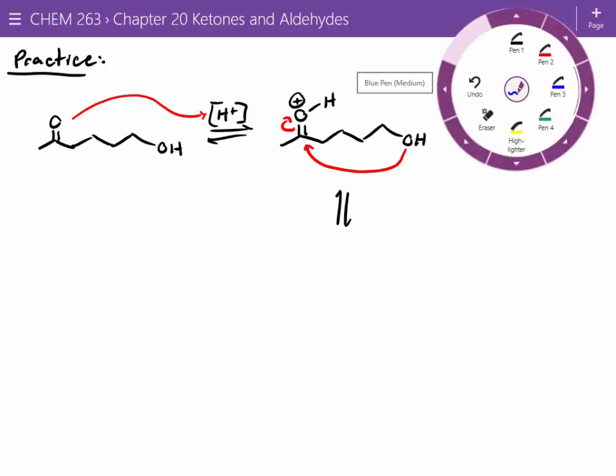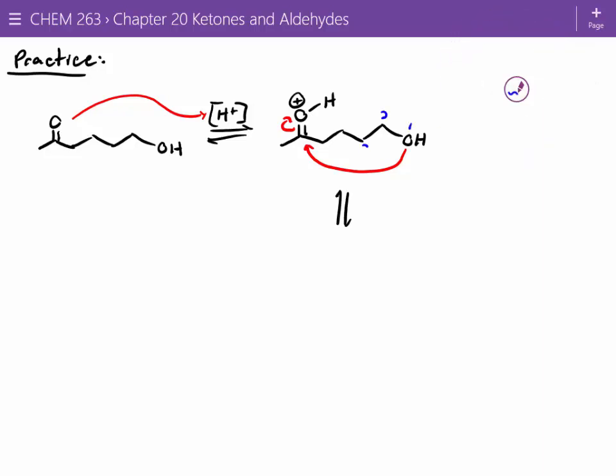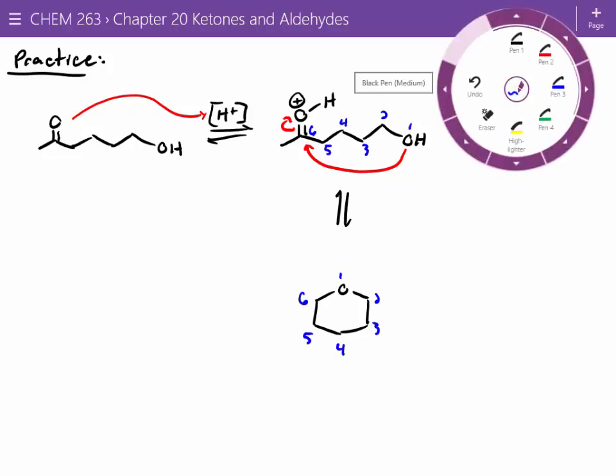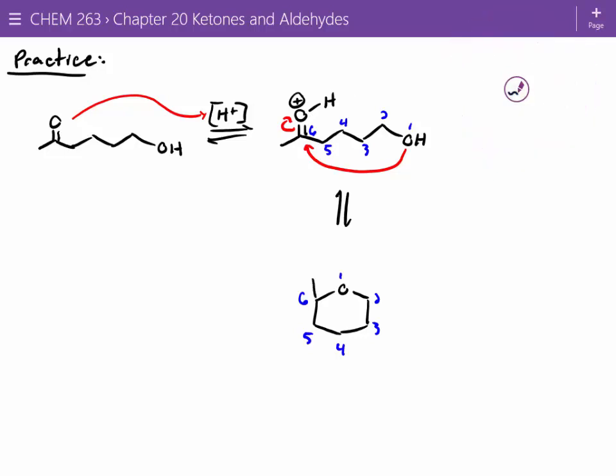And when I do these, I always like to number them too, so I don't lose anything. 4, 5, 6. All right, so our 1 position has attacked the 6th position, and on the 6th position we now have a methyl group and an alcohol.